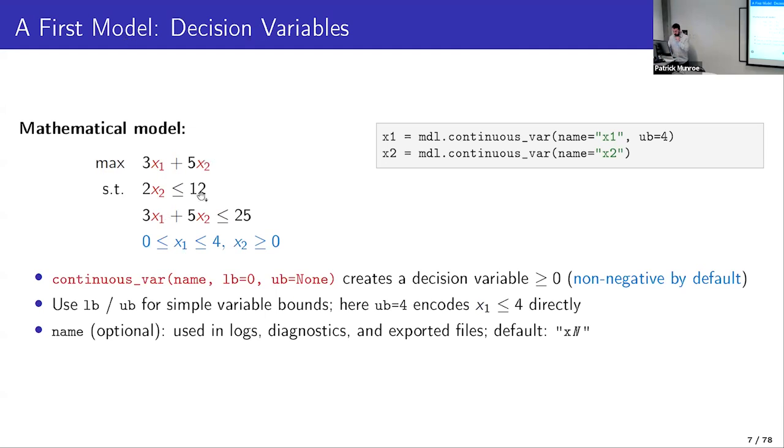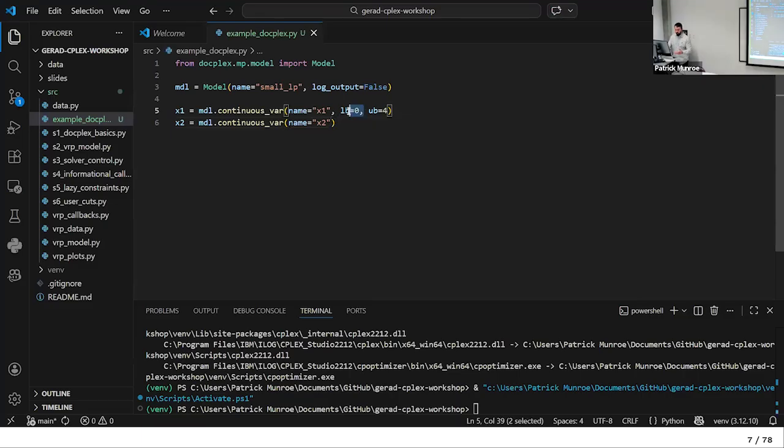This is where we define the continuous variables. By default, the value of the lower bound is 0 and the upper bound is none, but none here means that it's non-restricted, in other words infinite. So you see on the slides here, I didn't define LB for x1 because it's 0. I decided to add it, but it's not mandatory actually. I could have left it out.